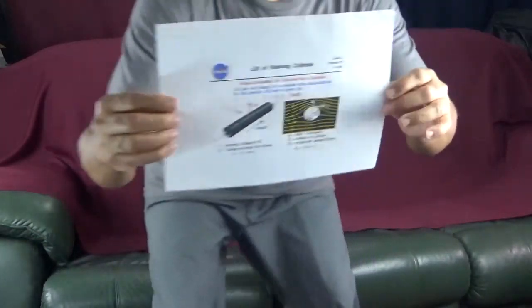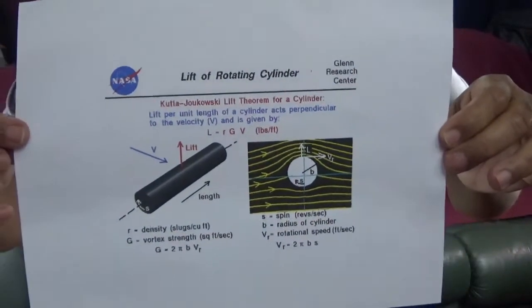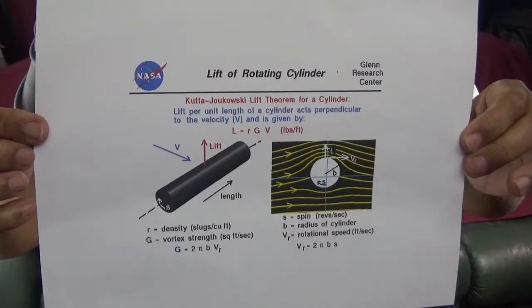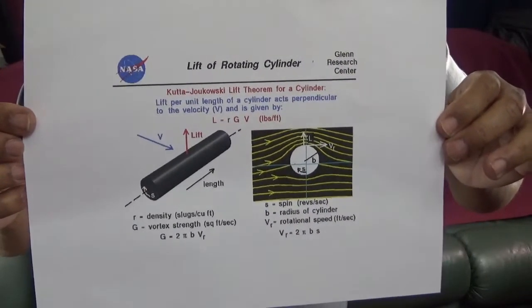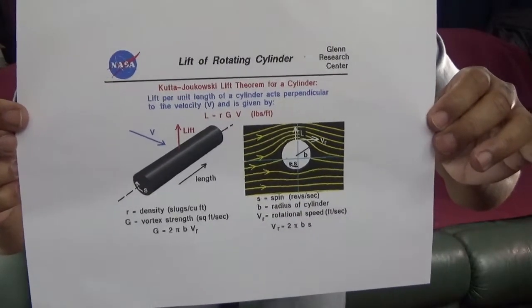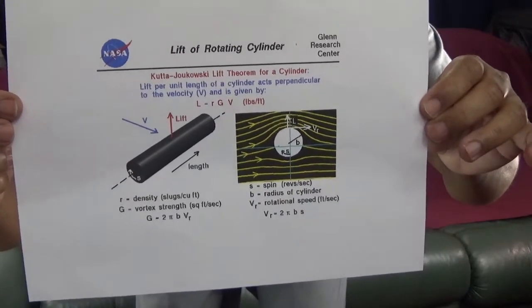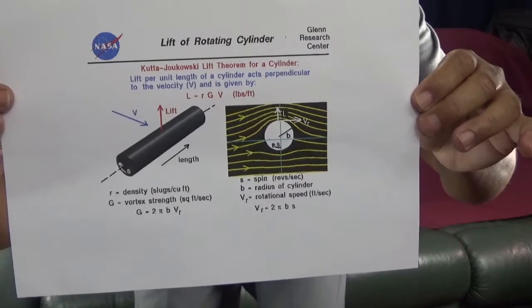Let's take a look at this picture here. You can see a cylinder on this picture. It's a black cylinder. The cylinder can stay still, not moving, not rotating, but it can also rotate.